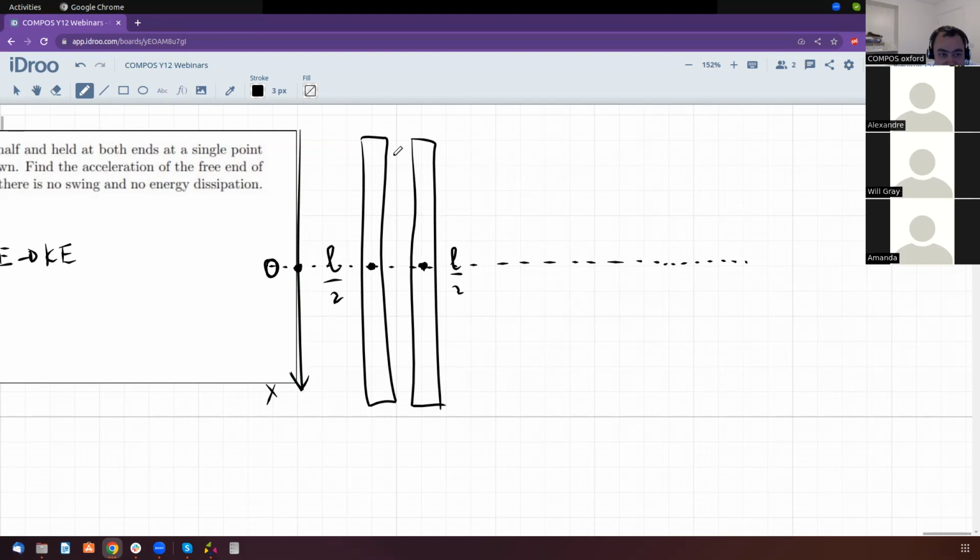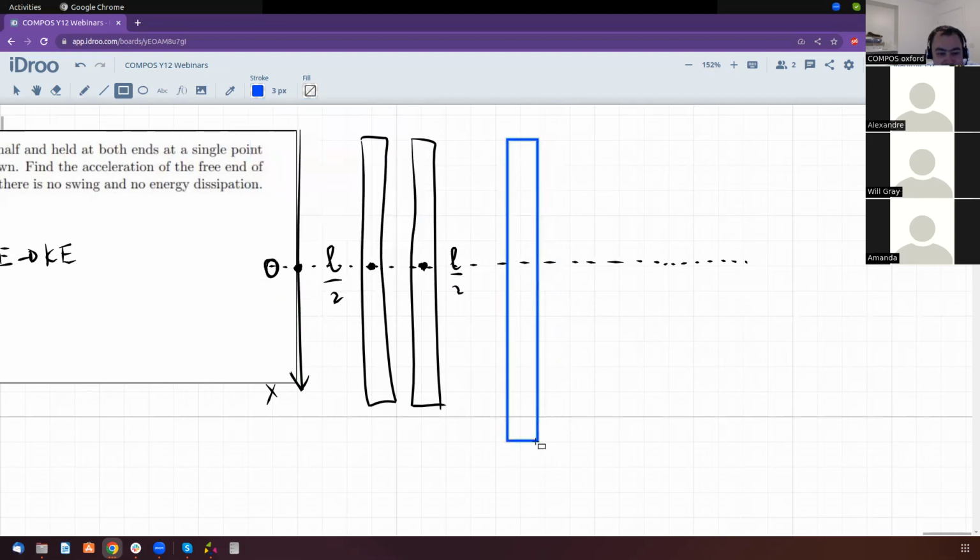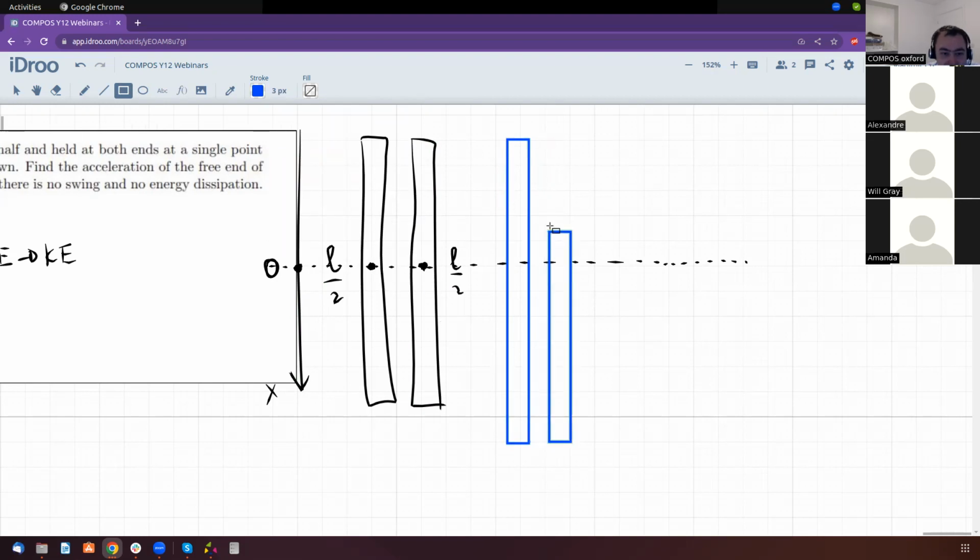Let's say this rope has moved down slightly. So this end of the rope is longer, and this end of the rope is shorter. The rope has moved down a distance of x. So we need to find the length of this piece of rope, and we need to find the length of this piece of rope.